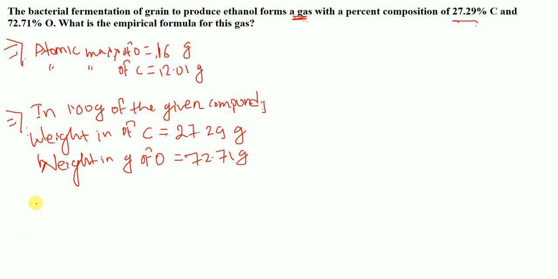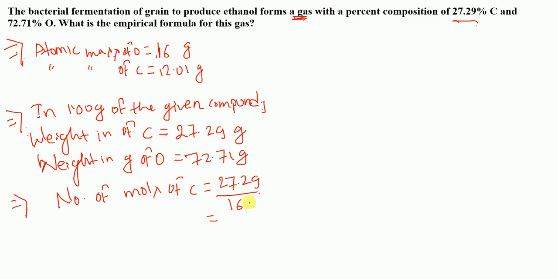Now, like in the previous example, we have to determine the number of moles. The number of moles of carbon is the weight in gram, 27.29, divided by the atomic mass. The atomic mass of carbon is 12, my apologies.